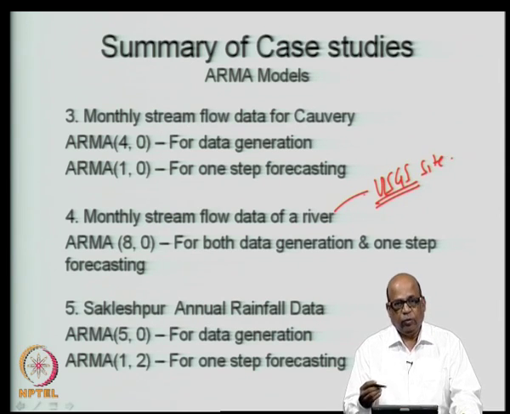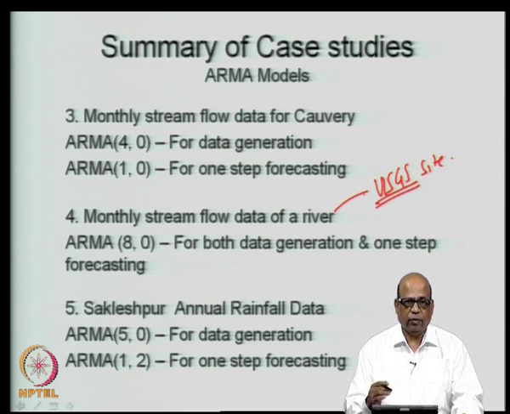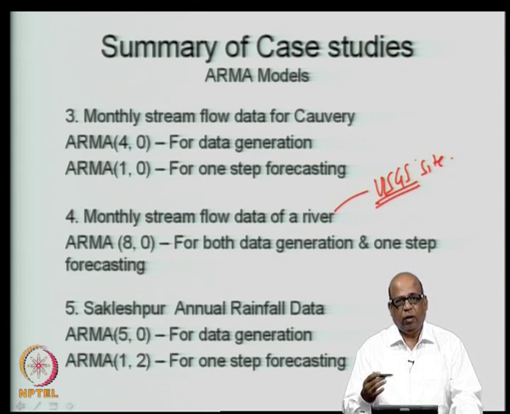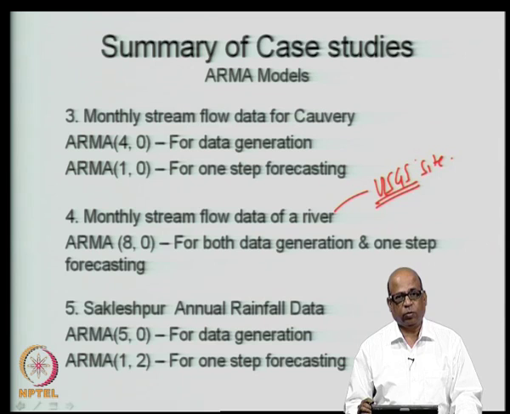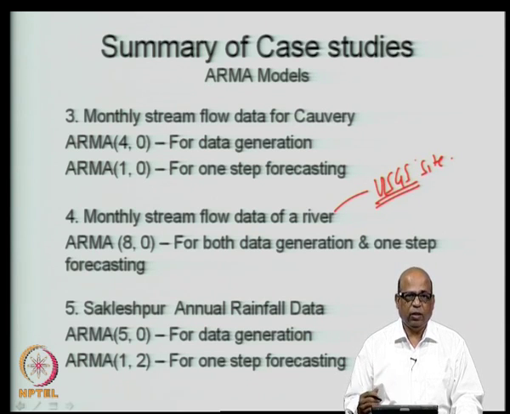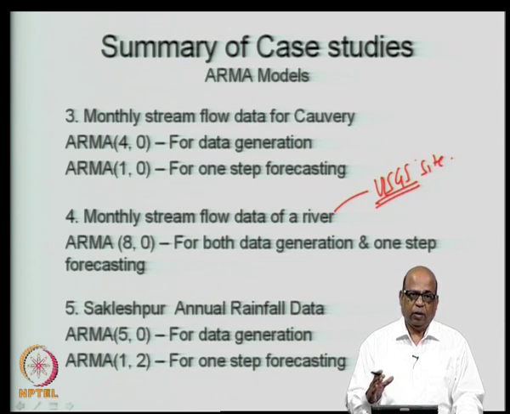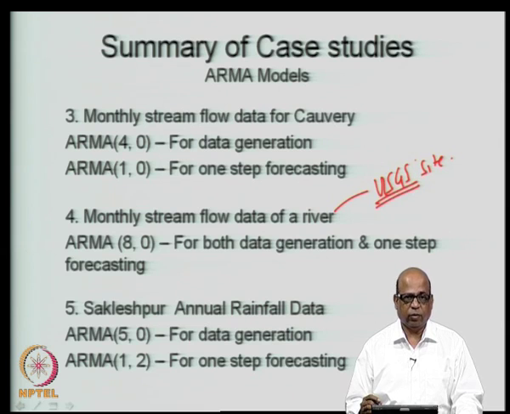In fact, those of you who are willing to experiment on different data sets, this is a good site from which you can download time series data and do all the analysis that I have discussed in this course. Unfortunately, such data is not very freely available in India, and therefore, you may not be able to do all these analyses satisfactorily with Indian data, unless you put in extra effort and obtain data from several sources who are the custodians of the data in the country.